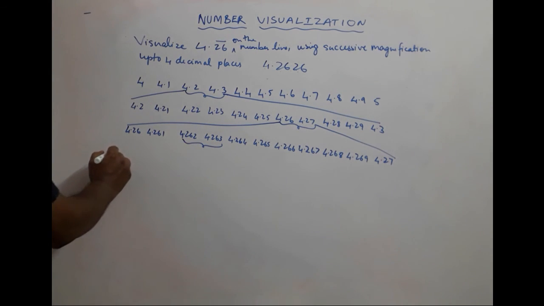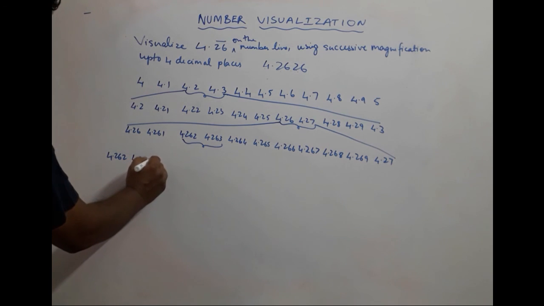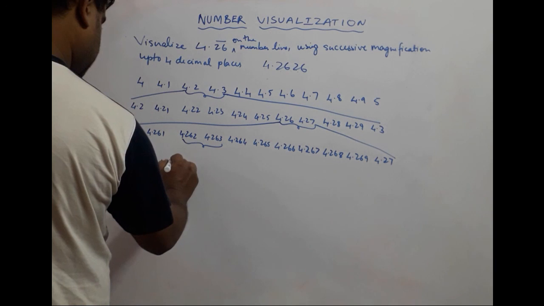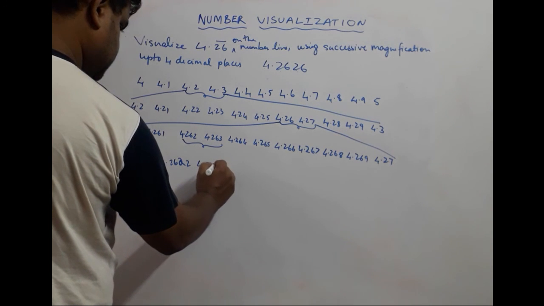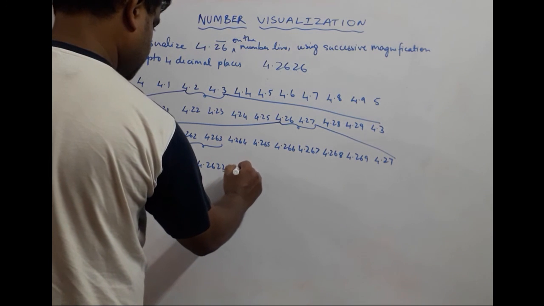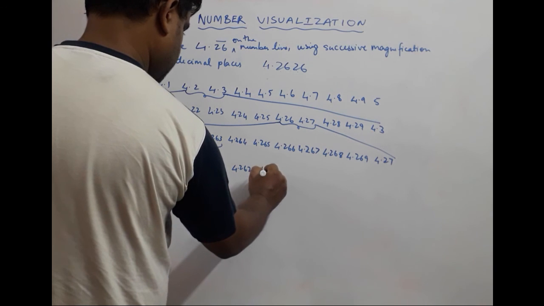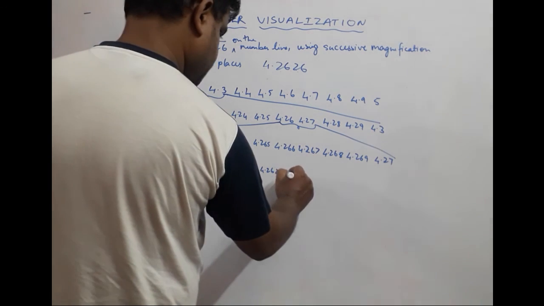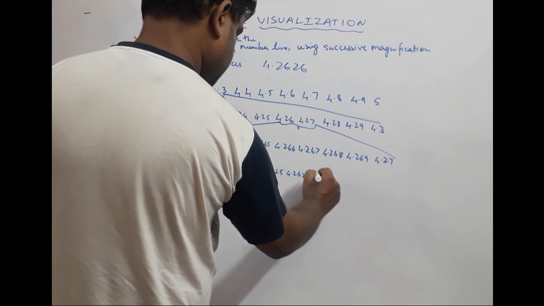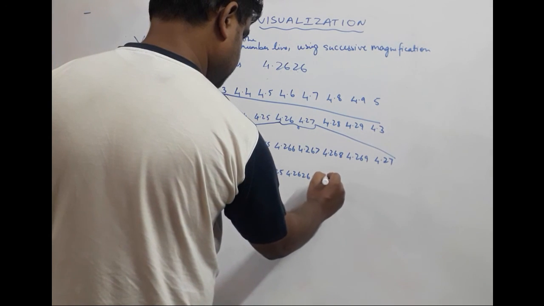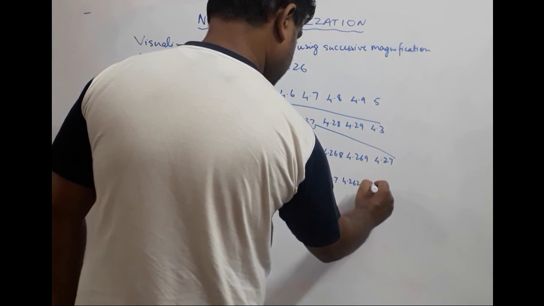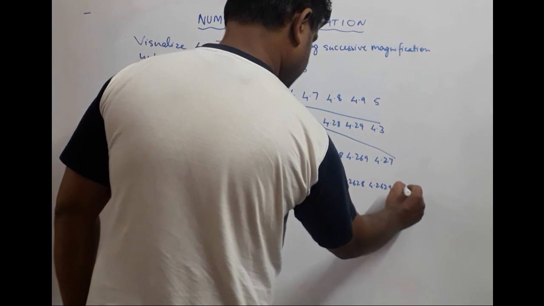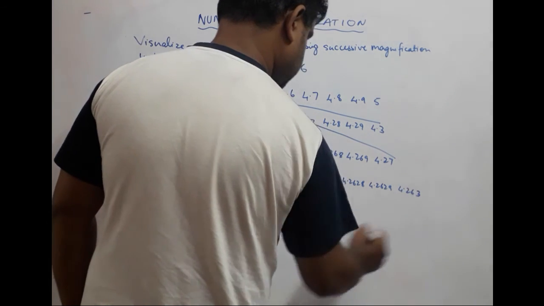So let us magnify this part out. 4.262, 4.2621, 4.2622, 4.2623, 4.2624, 4.2625, 4.2626, 4.2627, 4.2628, 4.2629 and 4.263.